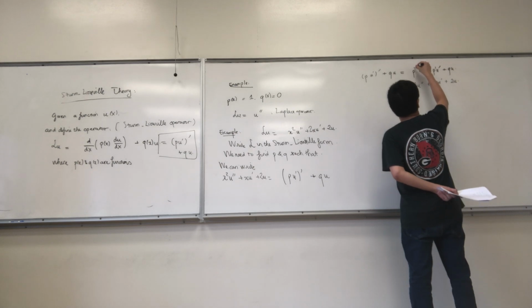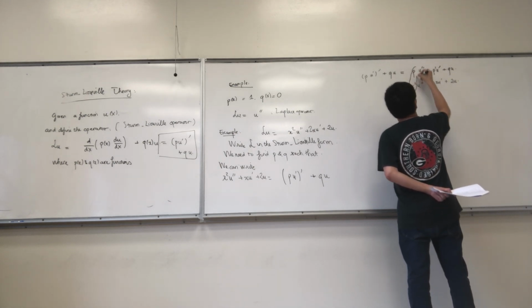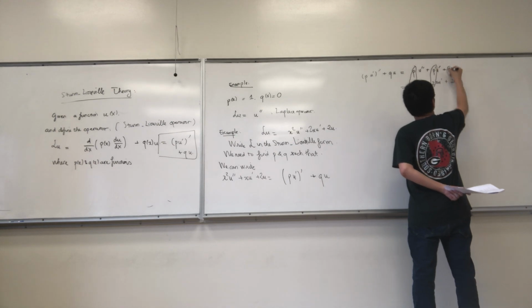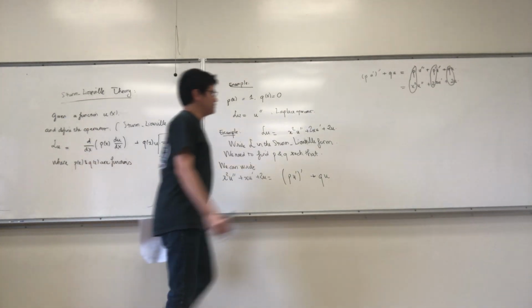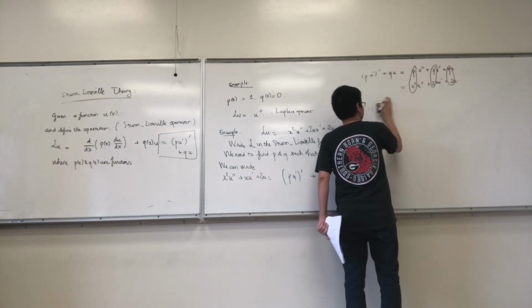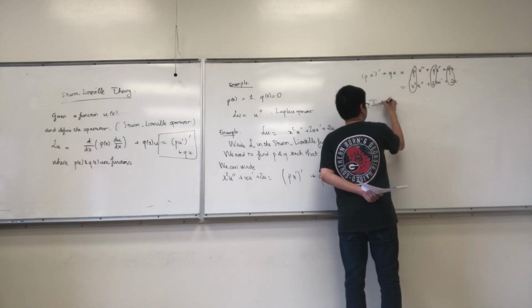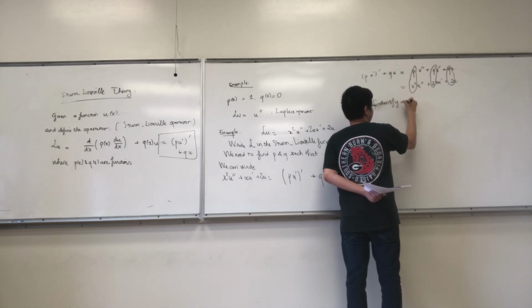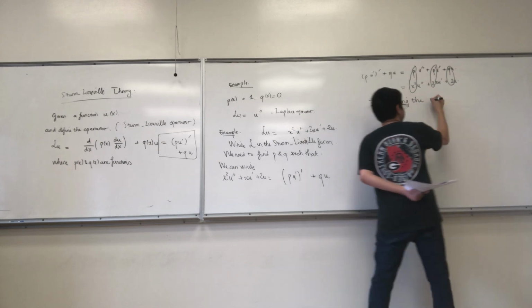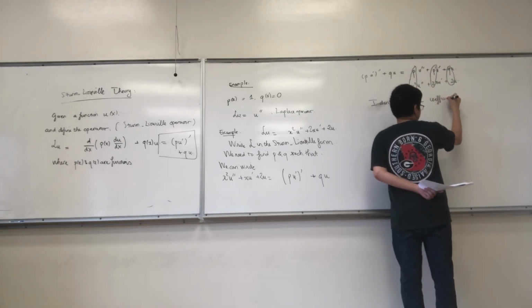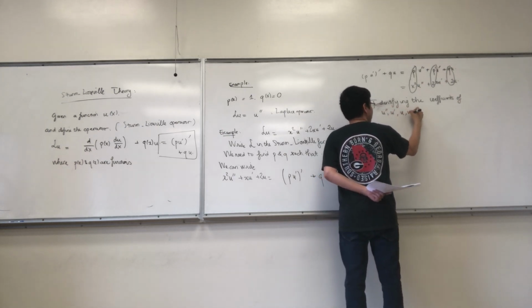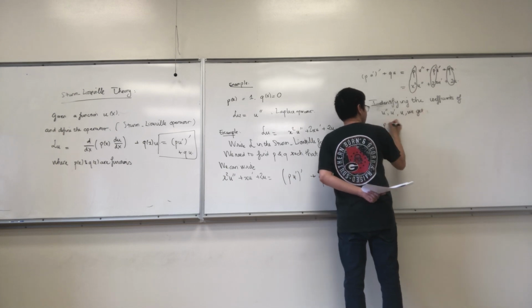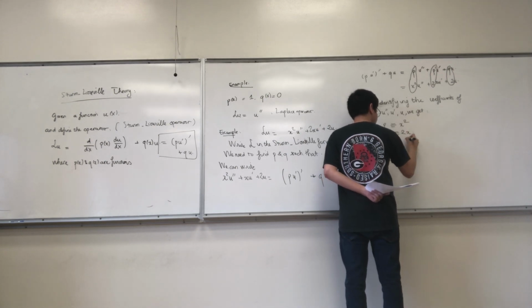Right. So now you're going to identify this with this and this. So now you identify things. Identifying the coefficients of u'', u', and u, we get P is x squared, P' is 2x, and Q is 2.